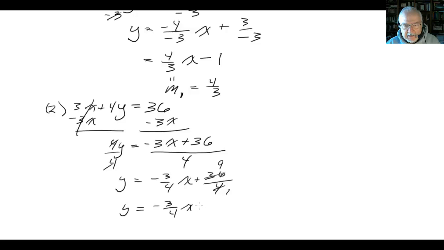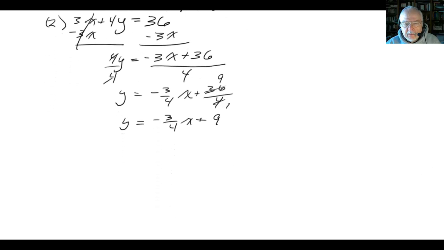My mind is faster than my hand, so that's going to be a 9. In any case, this is what we're looking for. This is m2, our slope, and that's minus 3/4.